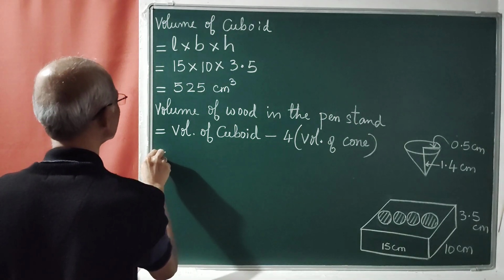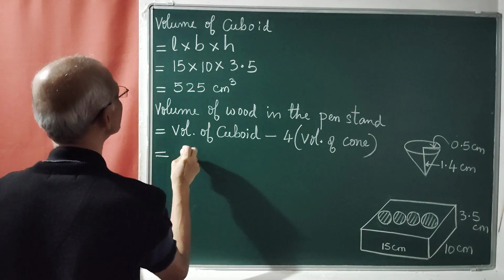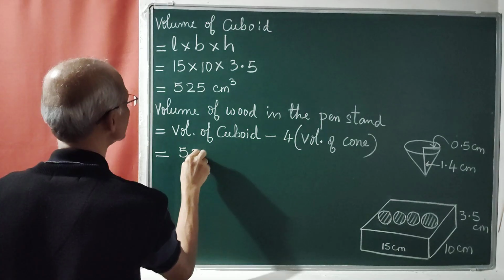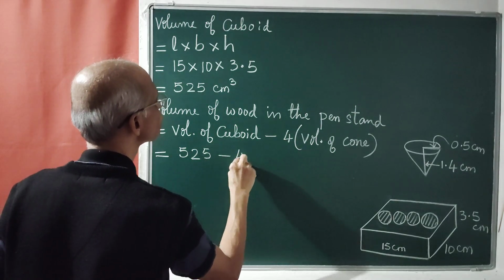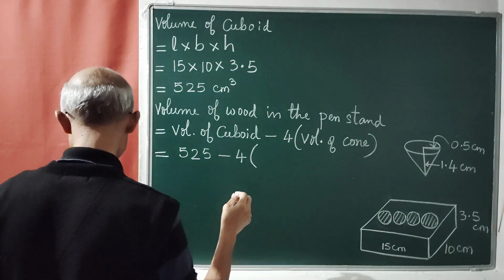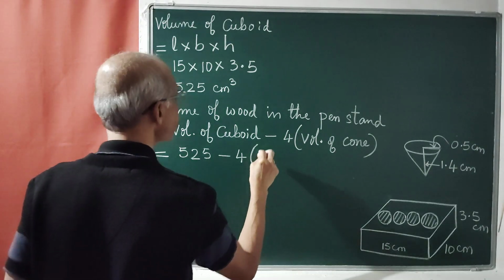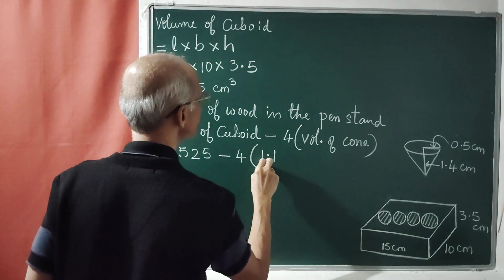So volume of cuboid is 525 minus 4 into 1.1 by 3.